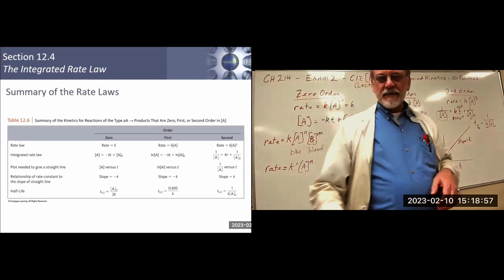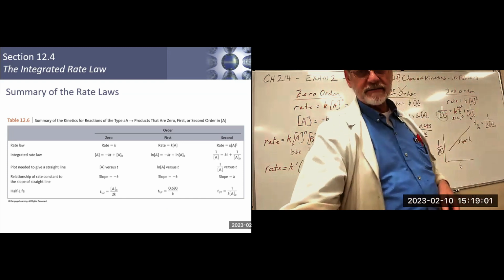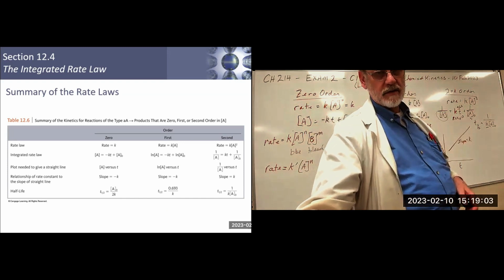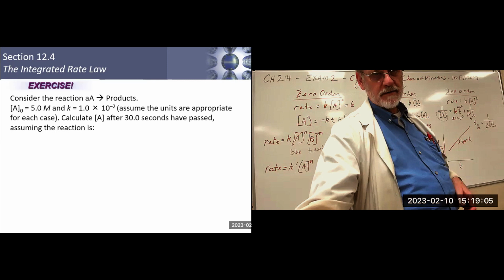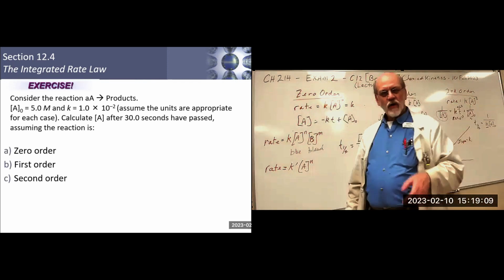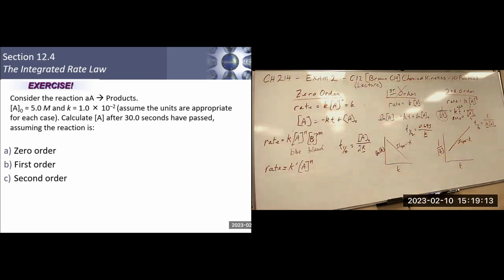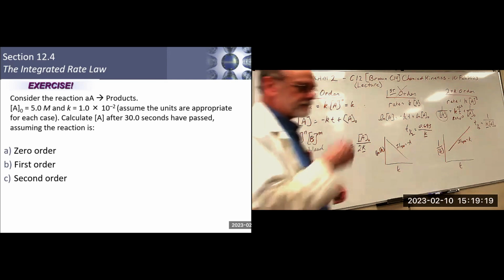Okay, this table just pulls everything together into one place. It's nothing special. What we're considering here, and let me see how we're doing on time, okay, we're doing pretty good.